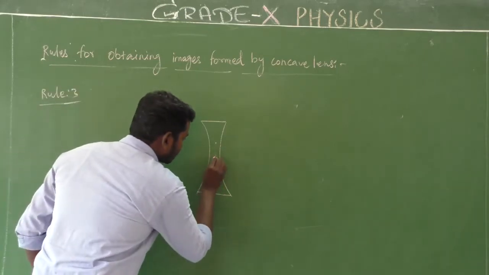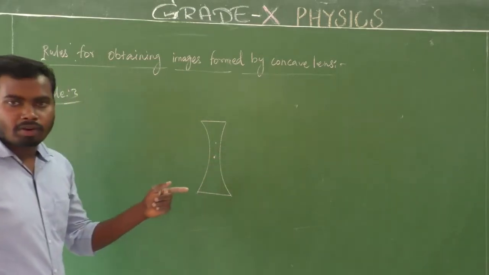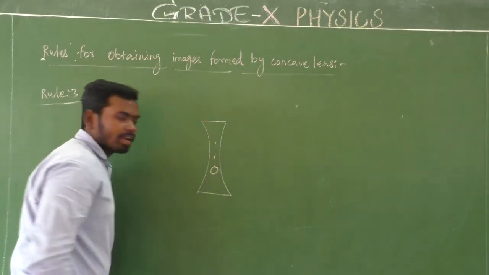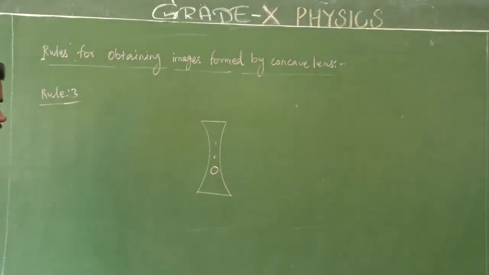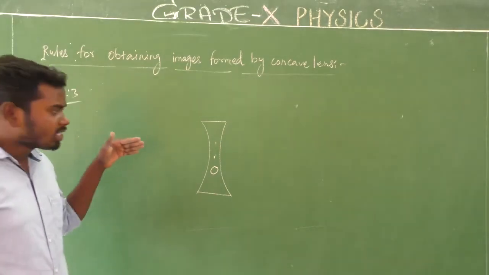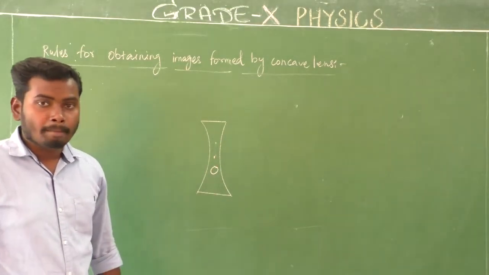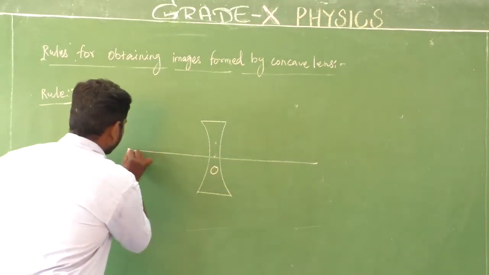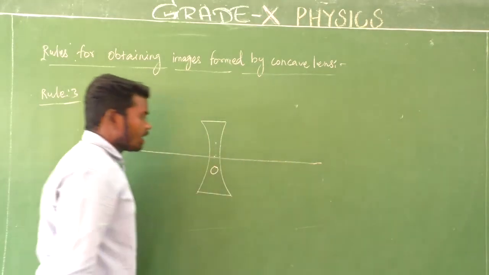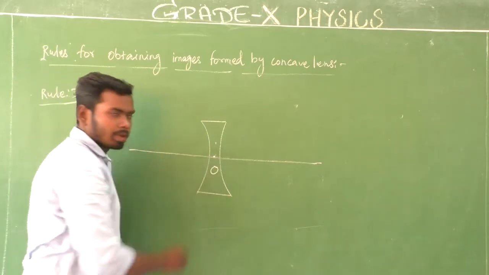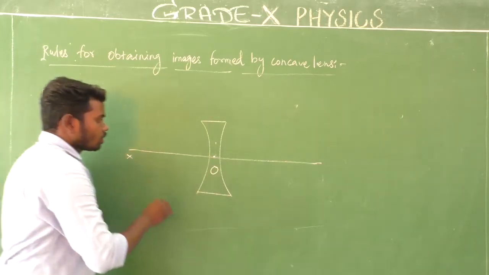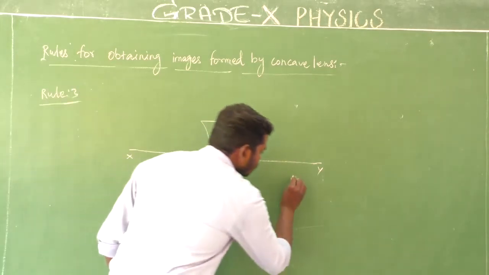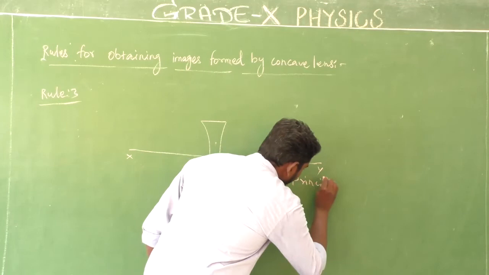The center point of a concave lens is the optical center, denoted by the capital letter O. Next, an imaginary line which passes through the optical center is the principal axis. Consider principal axis XY, for our convenience. So this is the principal axis.